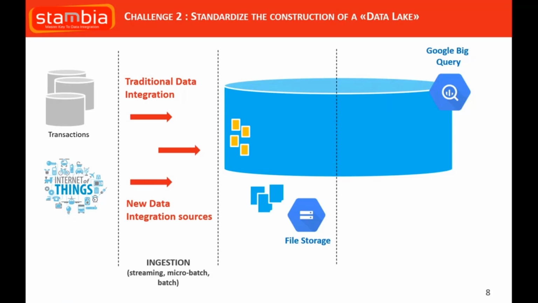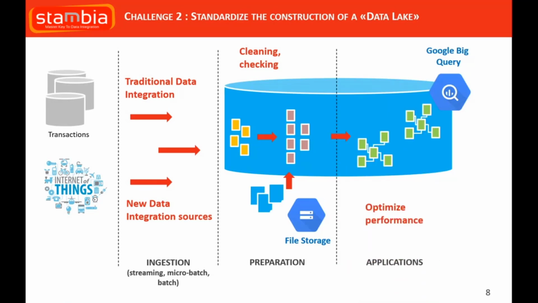Think of raw data coming from various sources in streaming, batch, or micro-batches. Then comes a phase of preparation, cleaning, and control of raw data in order to create a clean, consistent, homologated data model. And finally, applications, being able to optimize performance with clean data models specific to each application.